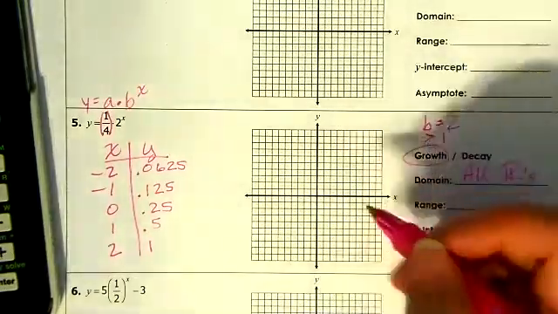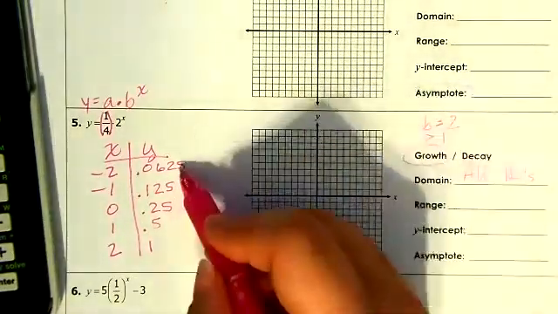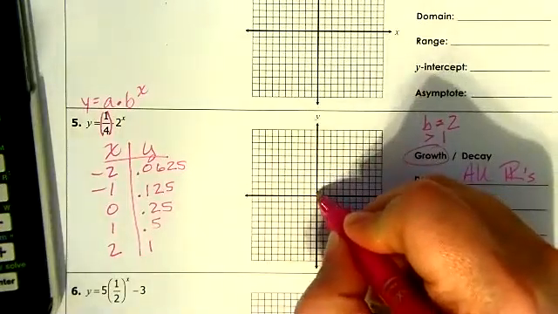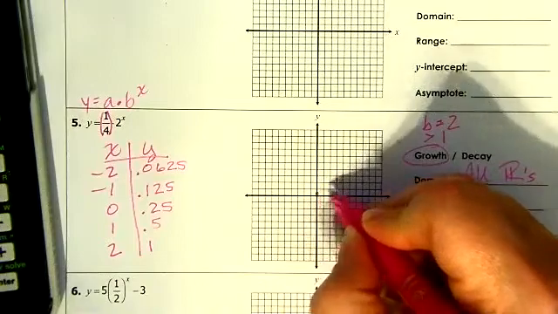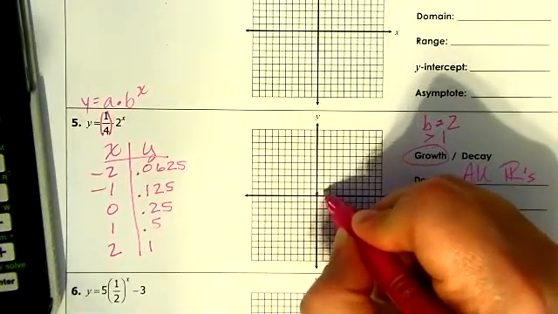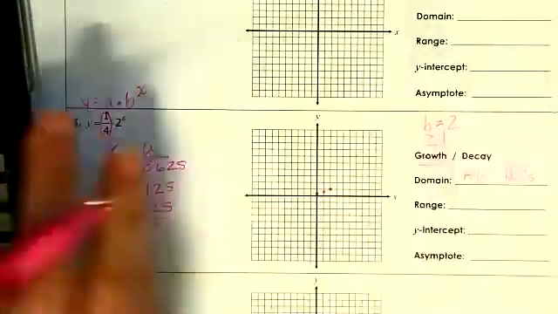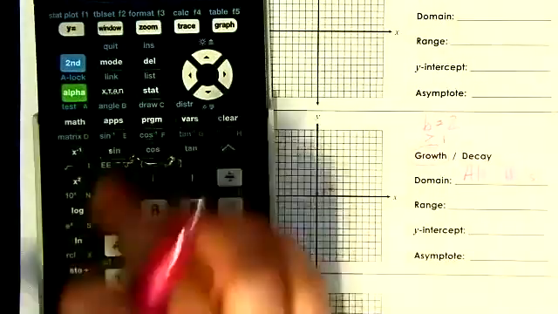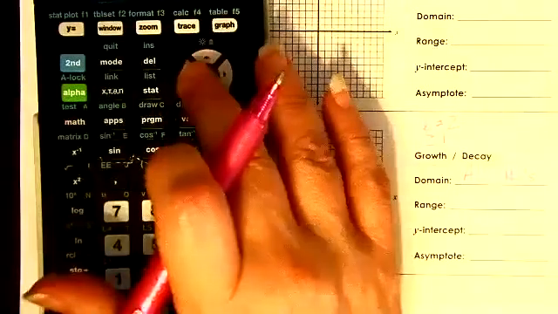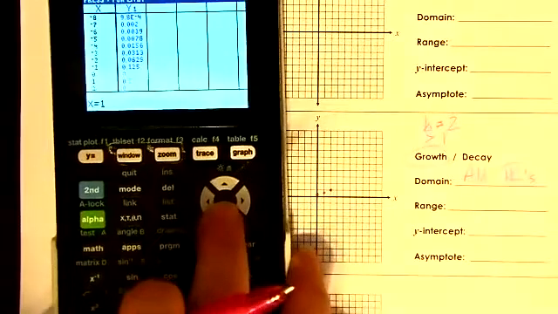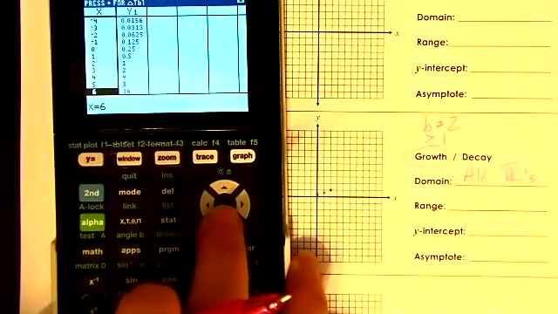And now we're graphing. Let's see, 0.25. Oh, we could do that one a little bit, maybe right there. 1.5, 2, 1. And I may actually look at my table of values to find some more accurate points.